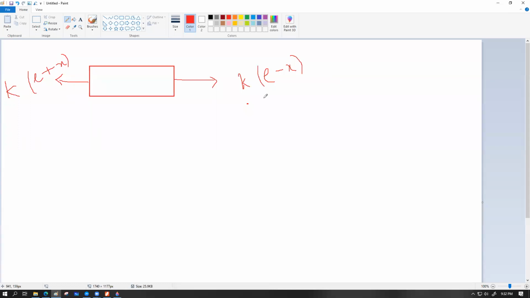And this is the formula for Hooke's law: F equals kx, force equals constant times deformation, whether extension or compression. So what is your total resultant force? The resultant force equals the sum of these two. You add these two up: k into e plus x, plus k into e minus x.